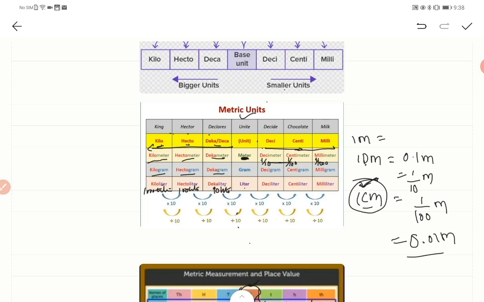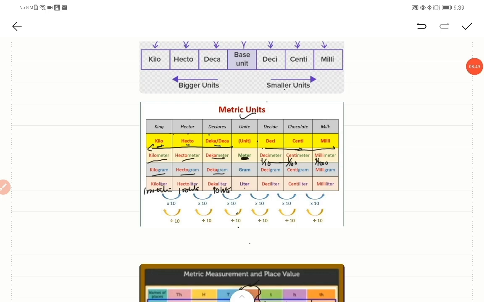And when you go for gram as a basic unit, it is decreasing here: decigram, centigram, milligram. Now tell me, what is 1 decigram equal to? It is 1 by 10 gram, or 0.1 gram. Centigram, milligram, in the same way.